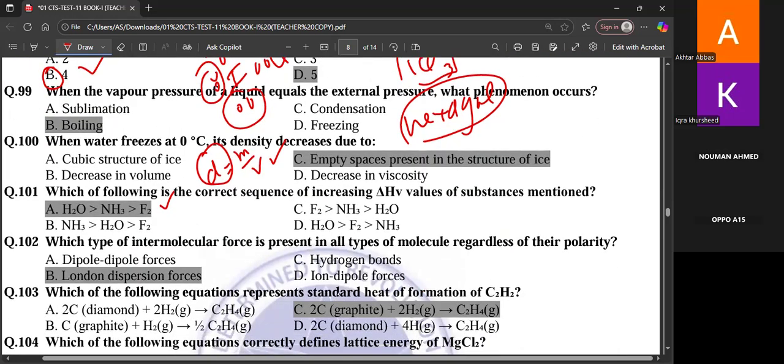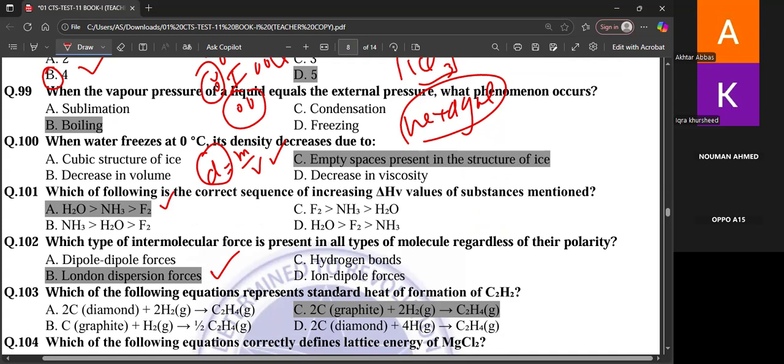Question number 102, which types of intermolecular forces are present in all types of molecules? The best option is London dispersion forces. During my lectures, I define London dispersion forces as those forces of attraction which are present in all types of molecules, but more significant in non-polar molecules.